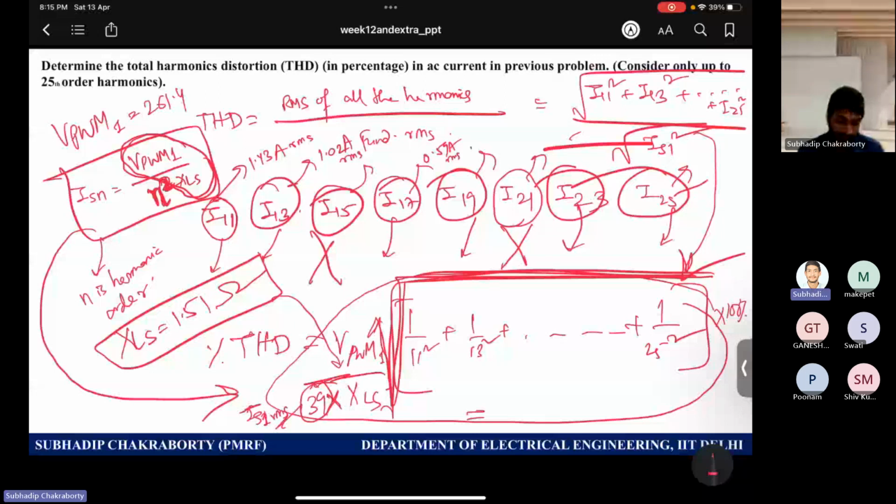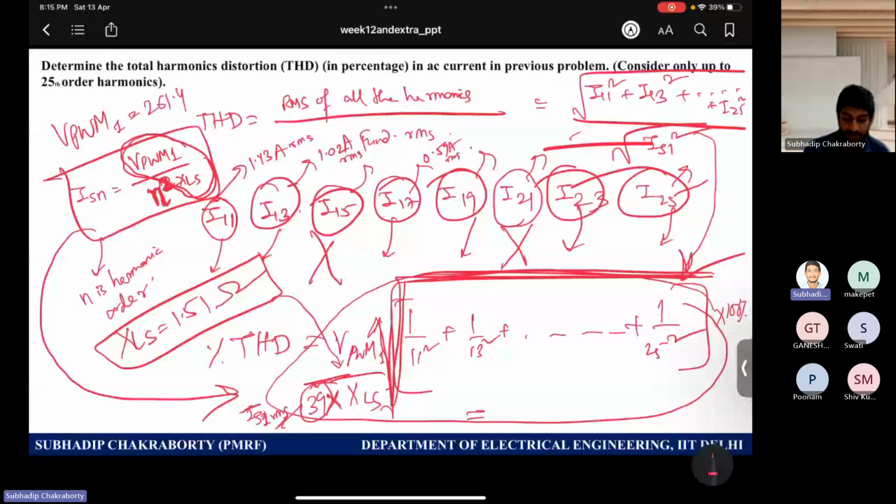So what I was telling, see, I PhD means what? V PWM 1 by n square into XLS. You sum it, square and sum it, and then you divide by IS1. And then you root it also. So this is the RMS of harmonics.